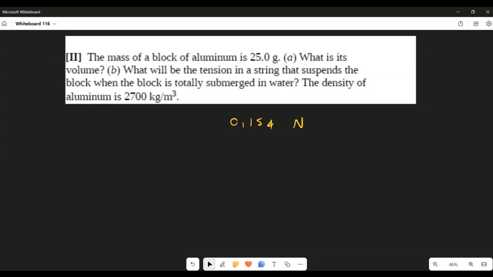The volume is 9.26 times 10 to the power negative 6. V is 9.26 times 10 to the negative 6 meters cubed, sorry. Yeah, that's the volume. Yep.